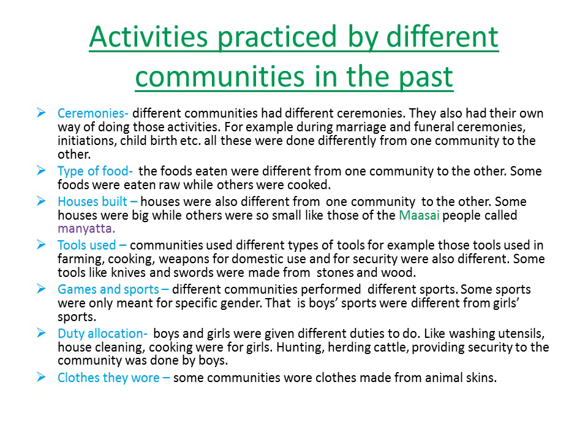Then we come to the third one, which is houses built. Here we are talking of how communities lived and how their houses looked. Houses were different from one community to the other. Some houses were big while others were so small, like those of the Maasai people, which were called Manyatta.